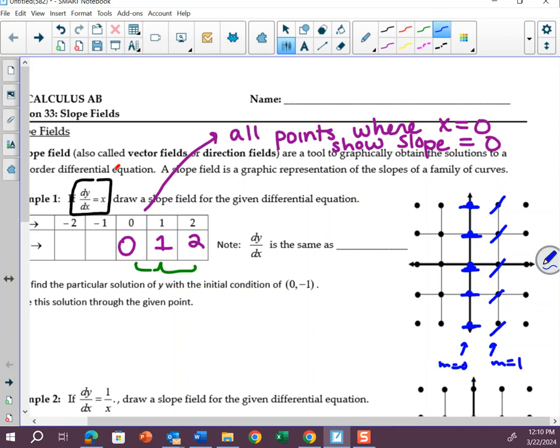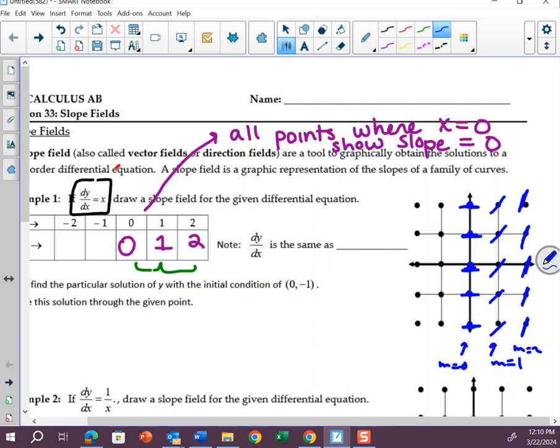So if I'm going to draw a slope of 2 everywhere x is 2, those are just going to have to be steeper, closer to straight up and down than slope of 1. Slope 0, completely horizontal. Slope 1, kind of like a 45-degree angle. Slope 2, a little bit steeper. And then if we had to do slope 3, 4, 5, 6, we would try to progressively just get steeper and steeper and steeper and steeper.